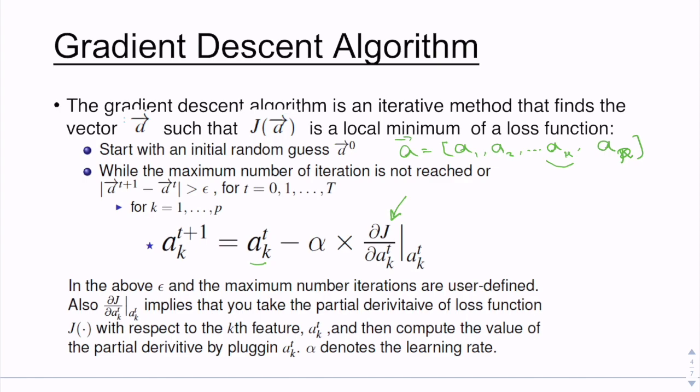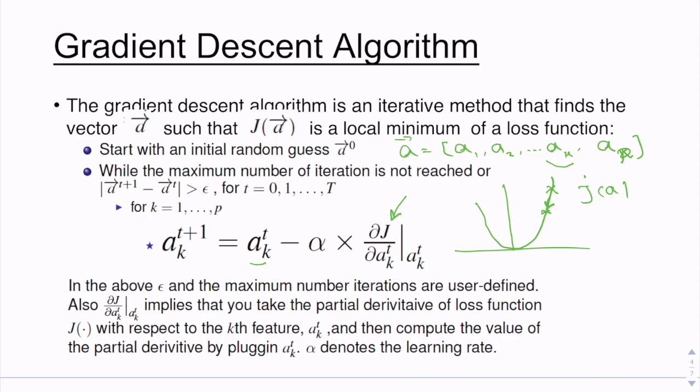So if we start from, let's say, this J of A, we start at a random point here, and then we take the derivative and move toward the negative of the slope, and we iteratively compute the derivative until we get to the point where the derivative doesn't change.